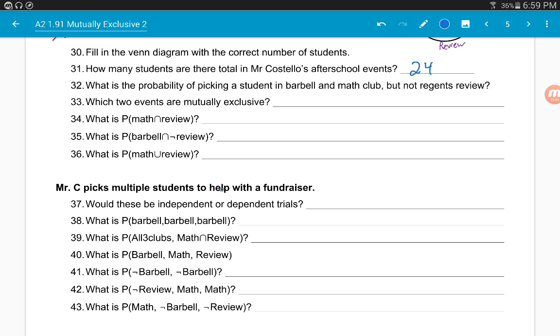Well, if I pick somebody, can I pick them again for the same fundraiser? No, so it's almost like I'm removing them from the bag. If I had a bag full of students, when I pull somebody out, they don't get replaced. So this is without replacement. And that means that they are dependent trials.